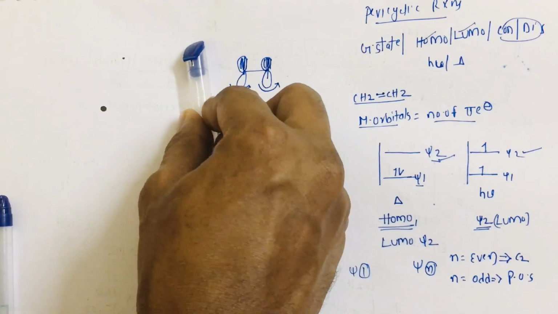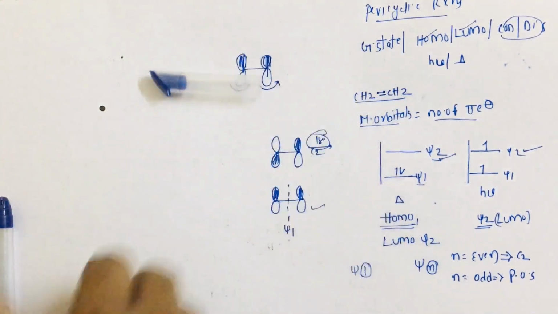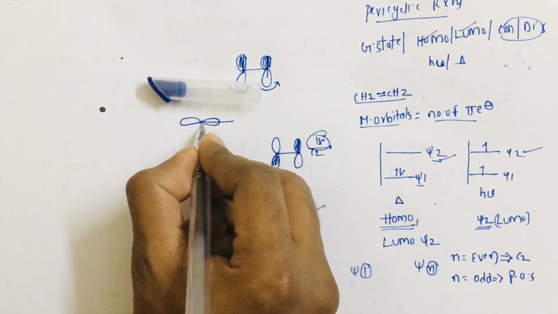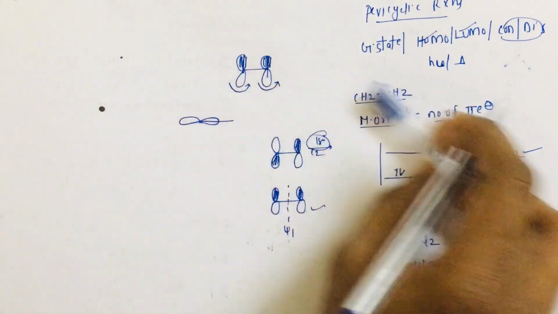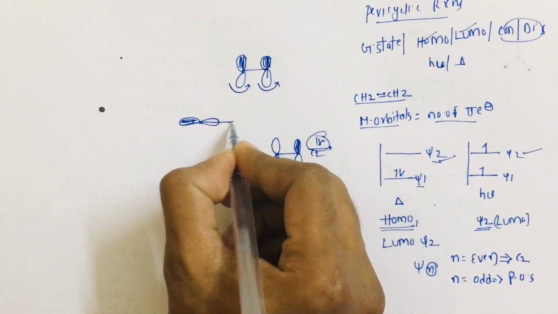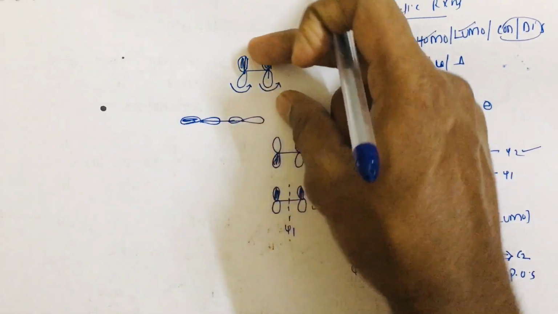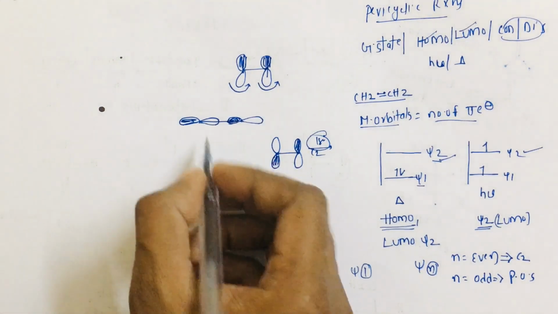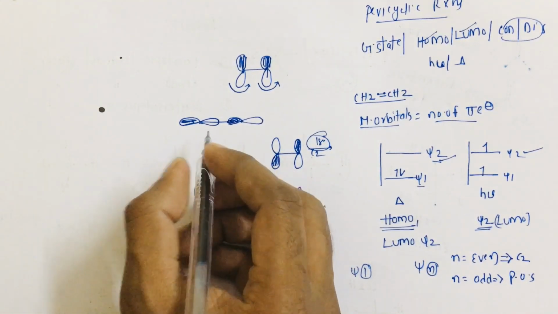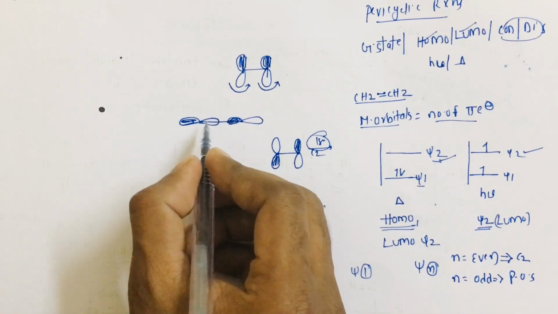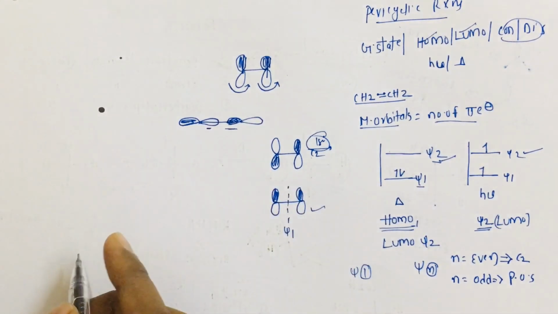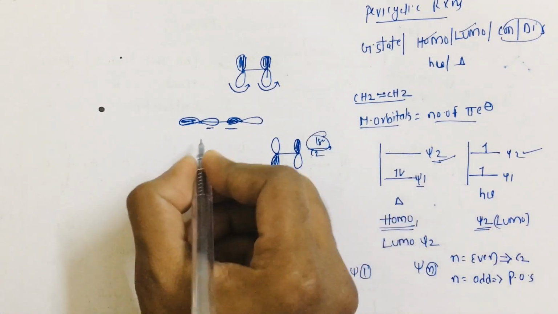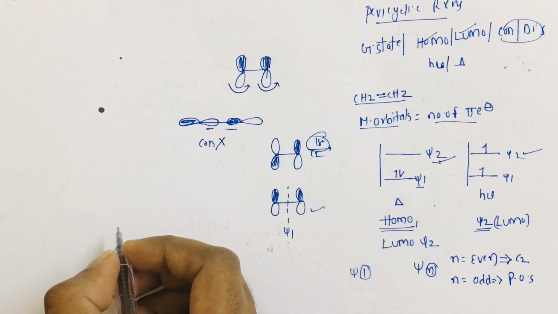So when we are rotating this way, after rotating, this is coming towards your left direction, and this also, when you are rotating this way, is coming towards the left. Okay, and in this case, this orbital is different and this orbital is different. So because of that, for psi1 the conrotation is not allowed.